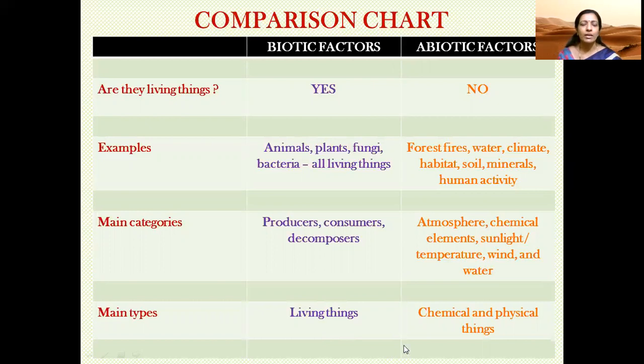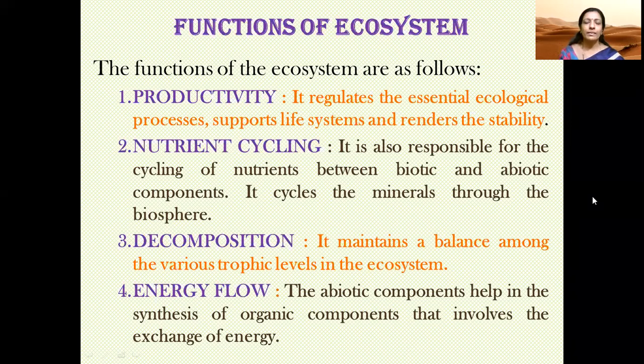The main categories for the biotic factors are producers, consumers, and decomposers. The main abiotic factors are atmosphere, chemical elements, sunlight, temperature, wind, and water. So now I think you have a good idea about what the biotic and abiotic factors are and how they are interdependent and interrelated to each other.